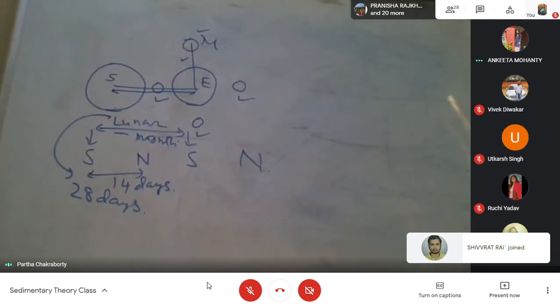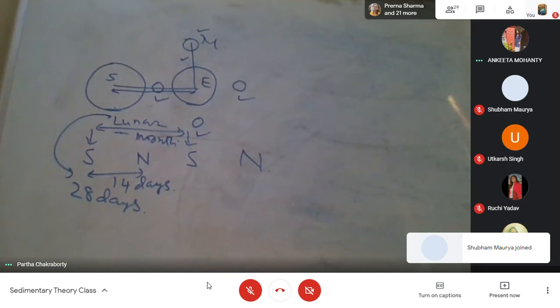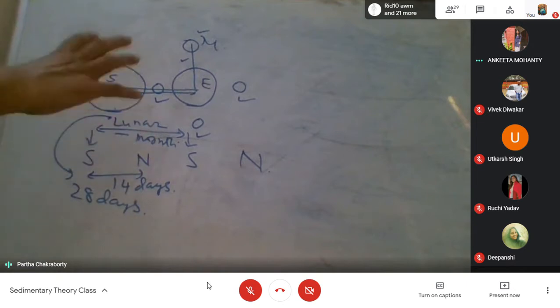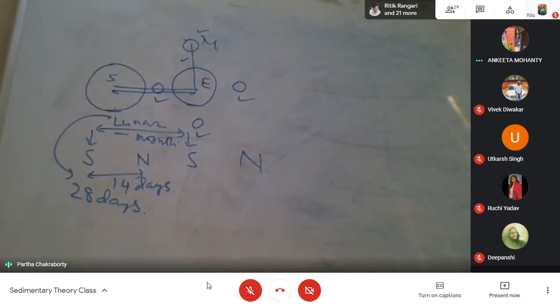The calendar we follow, with the 31 day month, is the solar month. So the lunar month is of 28 days, and this lunar month controls the entire tidal system.